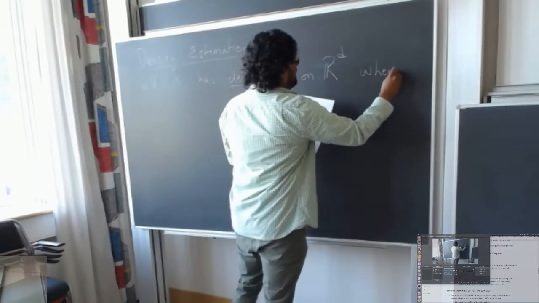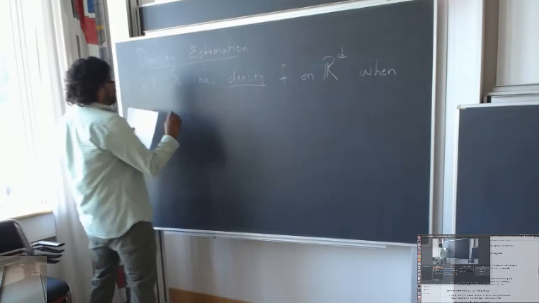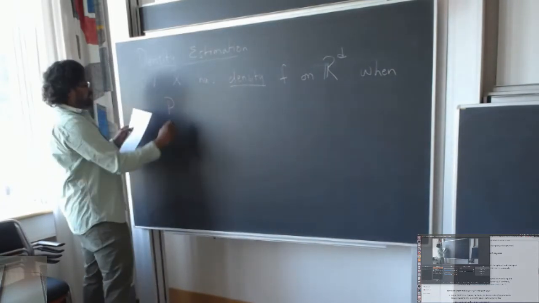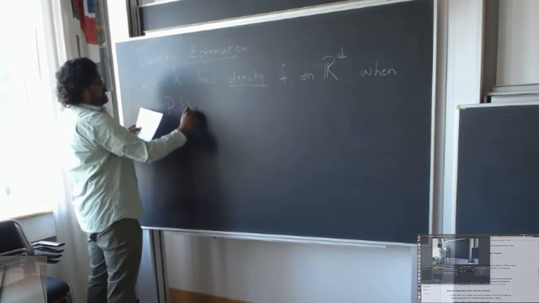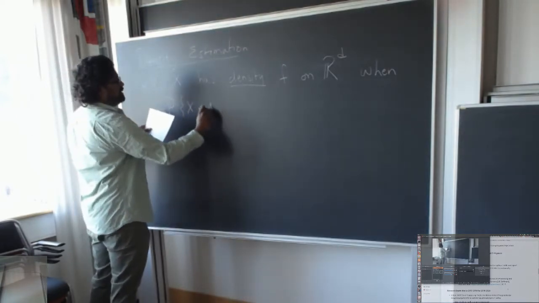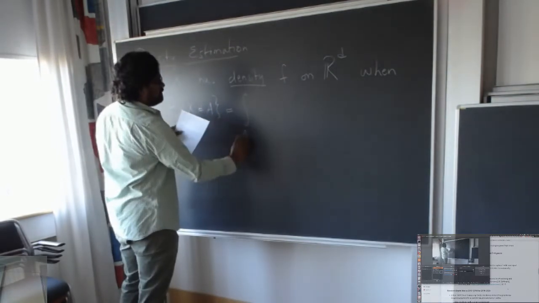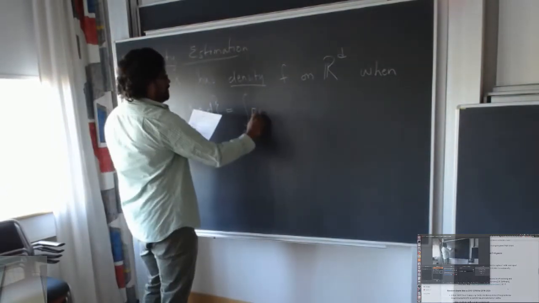So we say it has density f when the following happens: when the probability, which is going to be P for probability, that the random variable x takes a value in a set A is given by the integral over A of f of x dx.